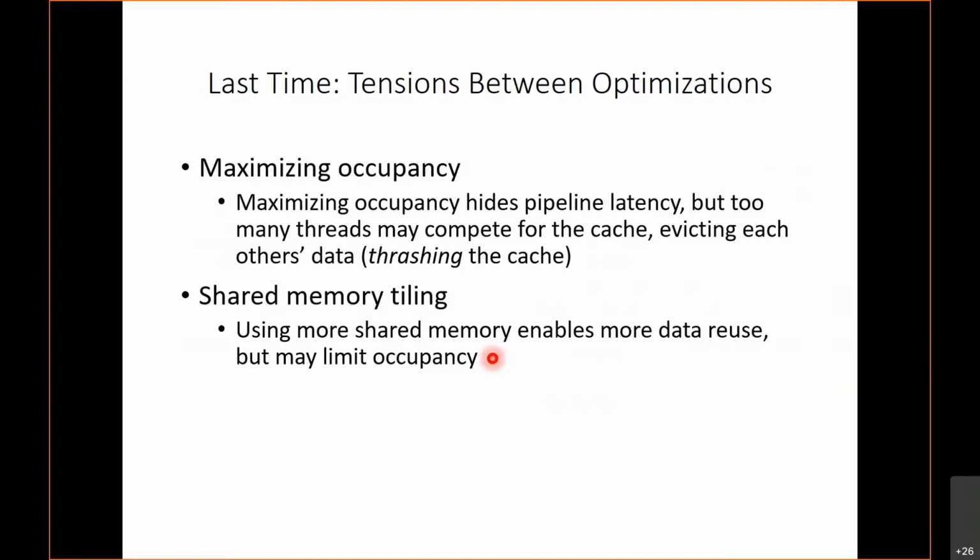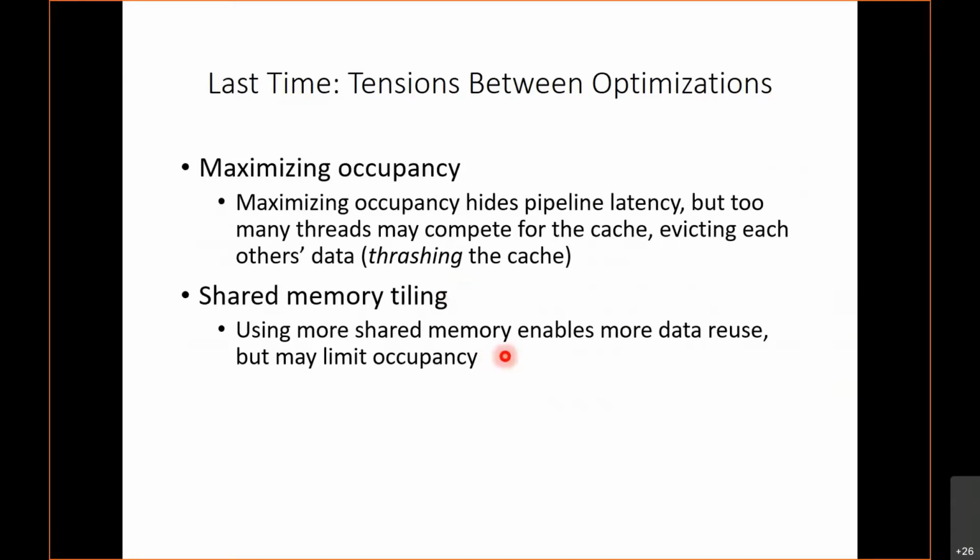However, if one thread block requests the maximum amount of shared memory on the SM, then because of the shared memory requirement, the SM will only be able to have 1 thread block, or 1024 threads, running at the same time, even though theoretically it can have 2048. The shared memory request limits my occupancy.